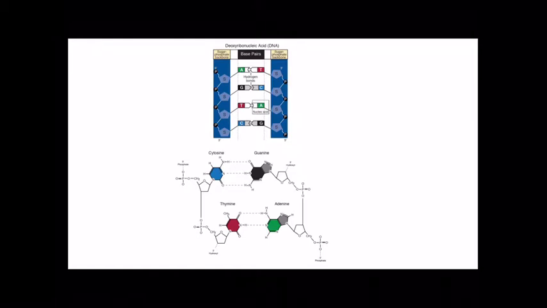Okay, so between the neighboring sugar molecules, those deoxyribose molecules, there are phosphate groups. So you can see the phosphate group that is a P with 4 oxygens attached to it. That's a phosphate group that connects each of the neighboring deoxyribose molecules to each other.